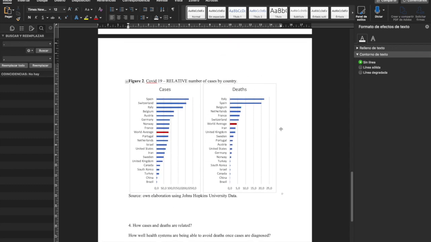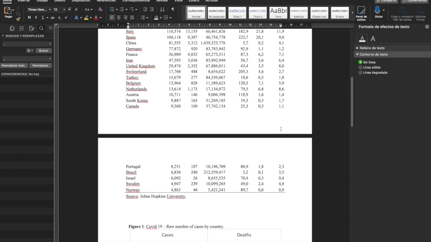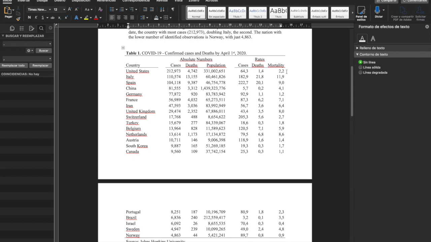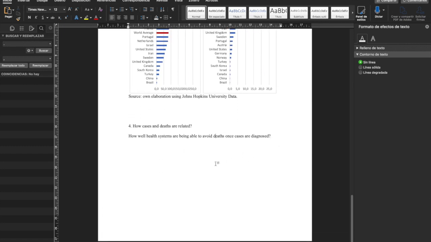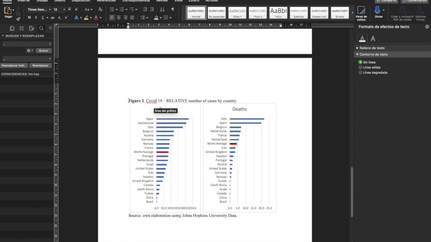So here you analyze the rates, for example, the countries with the higher rates to the lower rates, and then you use the figure 3.